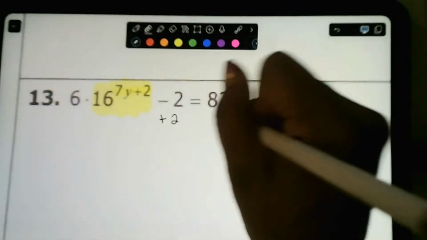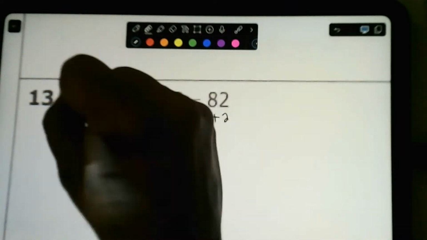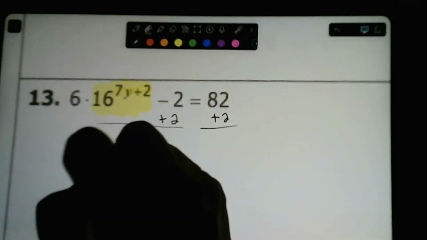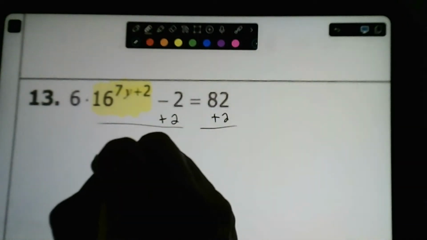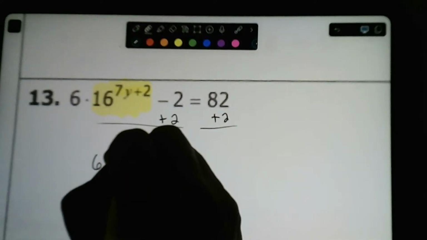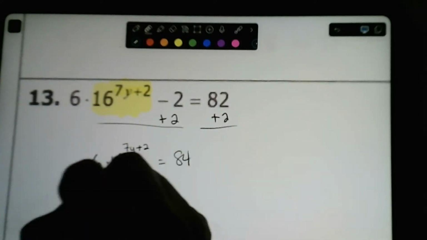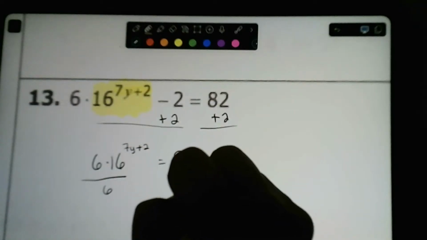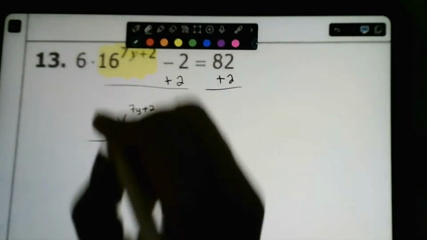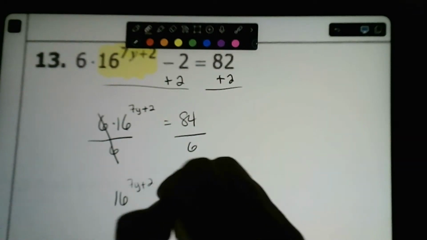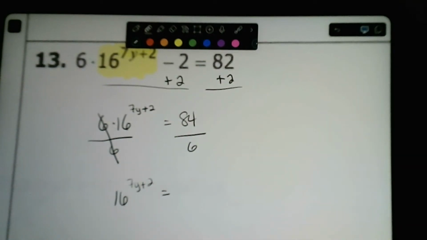So I'm going to handle the subtraction first because reverse PEMDAS tells me that I need to undo additions and subtractions before I can undo multiplications. And then I can divide by 6. Four divided by 6 is 14.